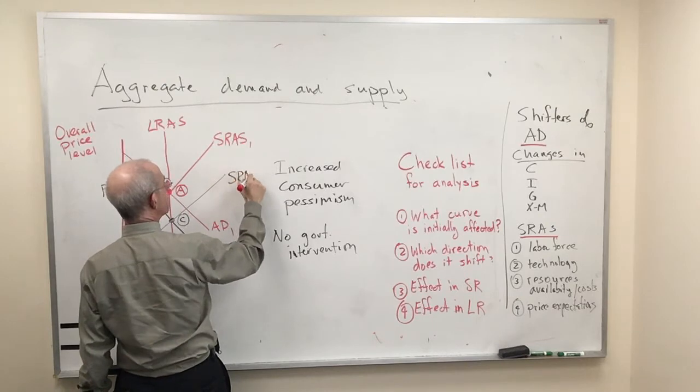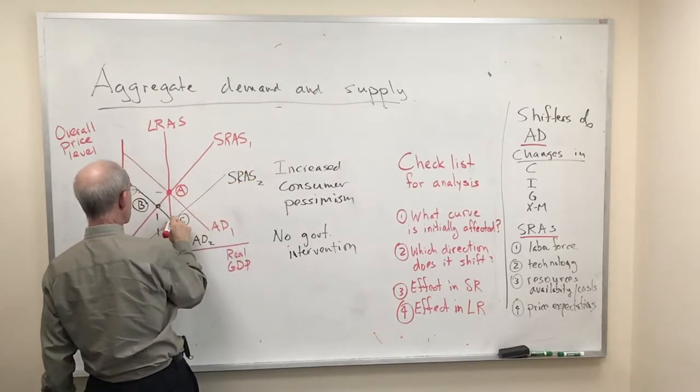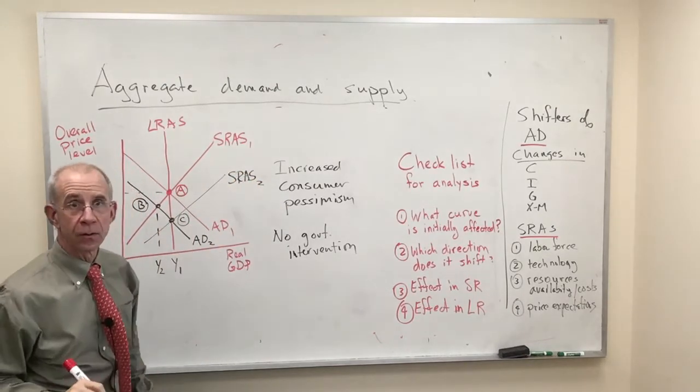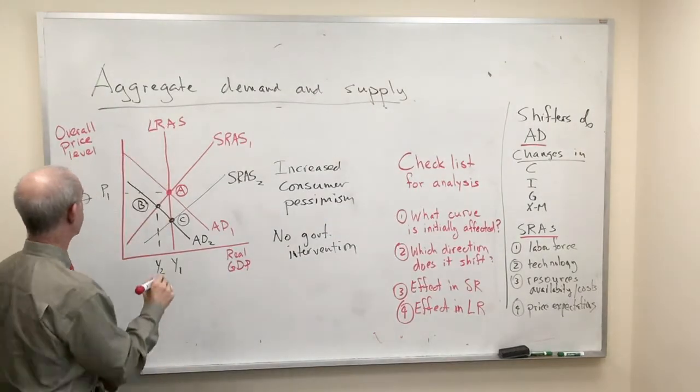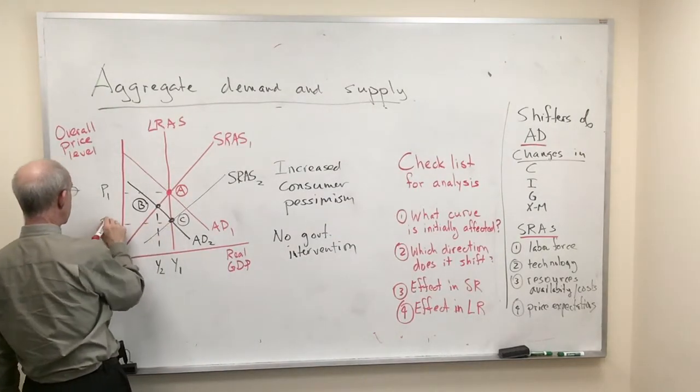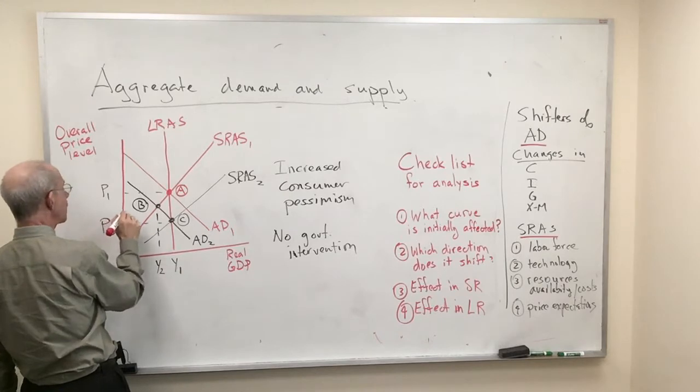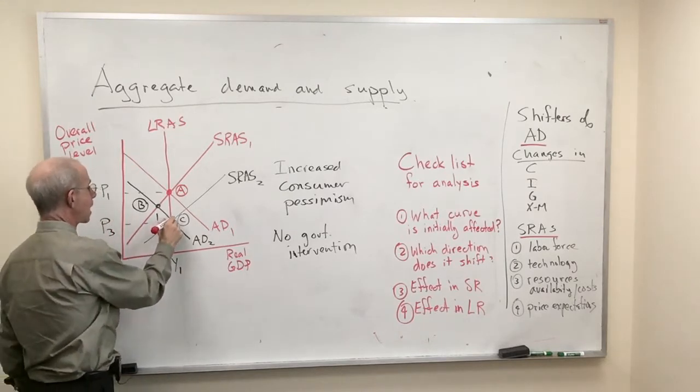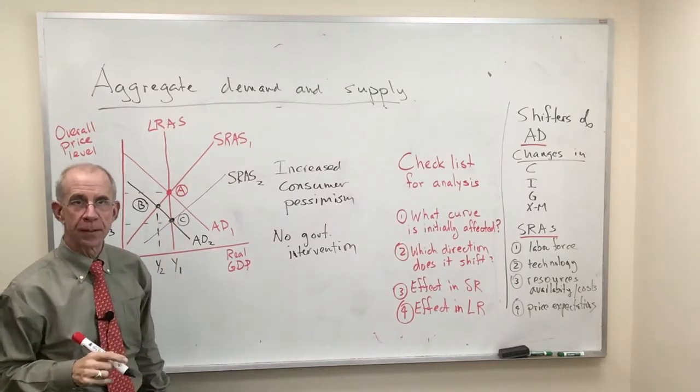You'll have a new short-run aggregate supply curve with lower prices and back to the full employment level of output.